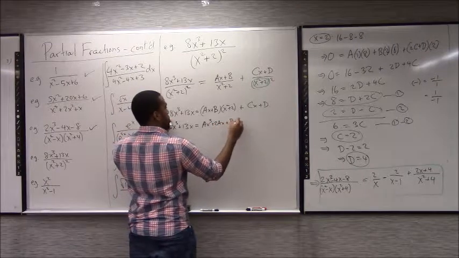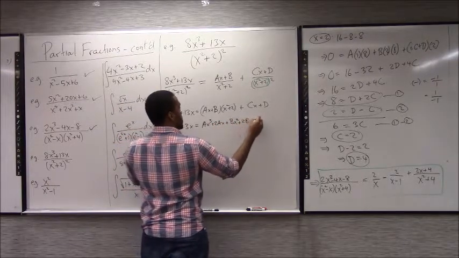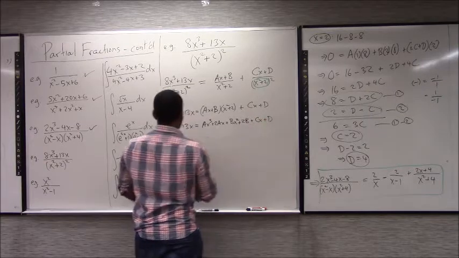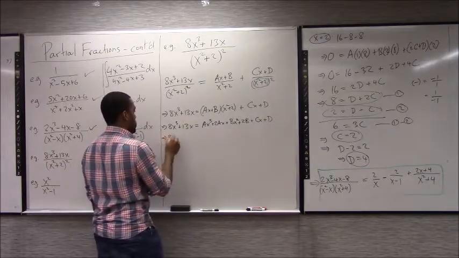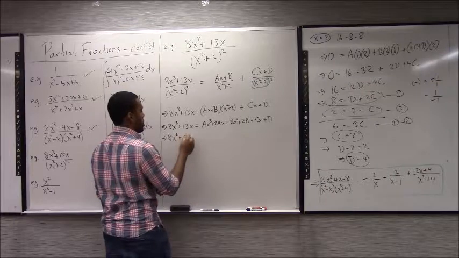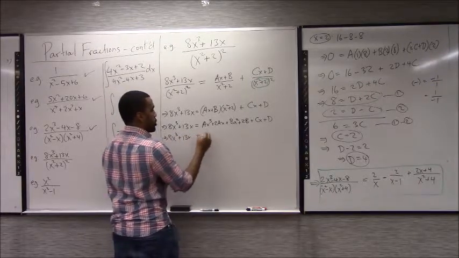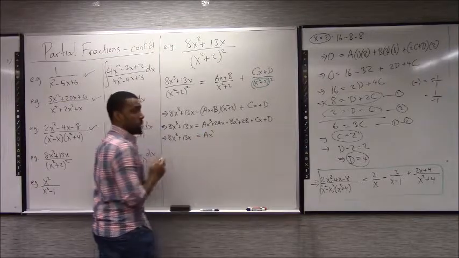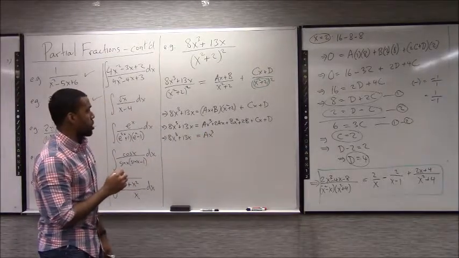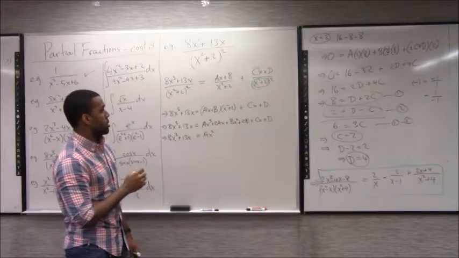Plus bx squared plus 2b plus cx plus d. And then what we do is we group. There's only one x cubed, right? How many x squares are there?